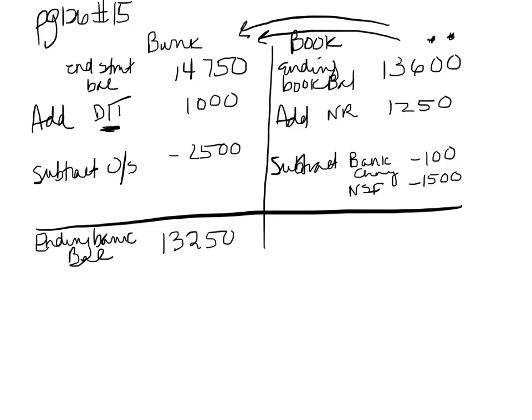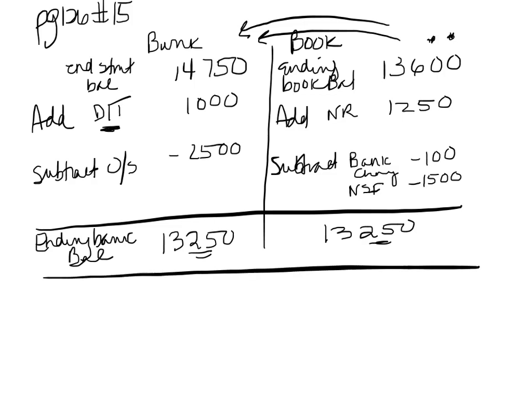On the book side, I have $13,600 plus $1,250 minus $100 minus $1,500, and lo and behold, I have $13,250. We balance. If you do this exercise and they don't balance, then you have either an addition or subtraction that has been done incorrectly, or you might have it on the wrong side of the bank reconciliation.